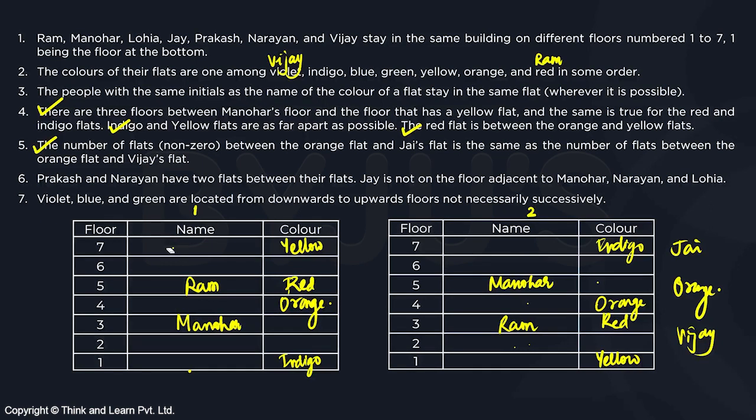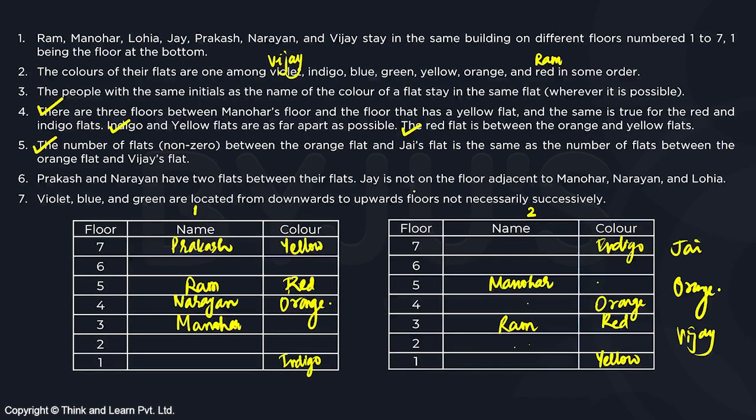So we have to place Manohar, Narayan and Lohia. So from here, can we definitely say that Prakash is at 7? It will be here, right? So there is a gap of 2 floors. So Narayan turns out to be at floor number 4.